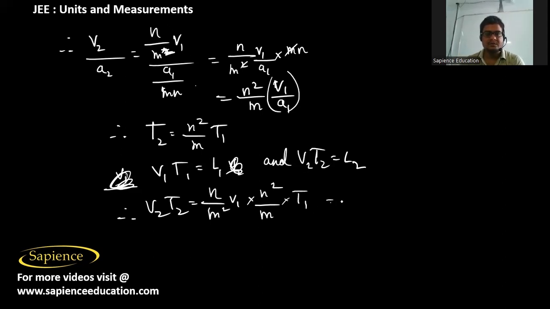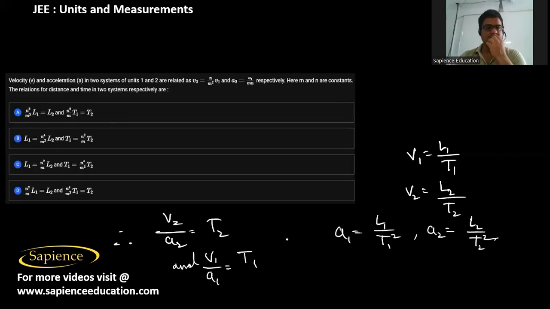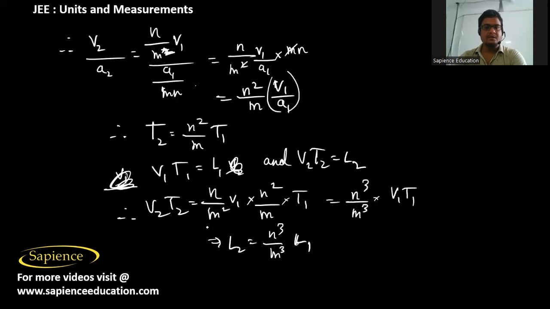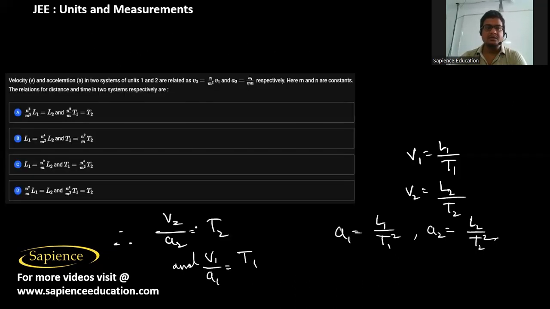So this will be n cube by m cube into v1 T1. v1 T1 is L1. Therefore, L2 equals n cube by m cube into L1, and T2 equals n square by m into T1. So option A is the correct answer.